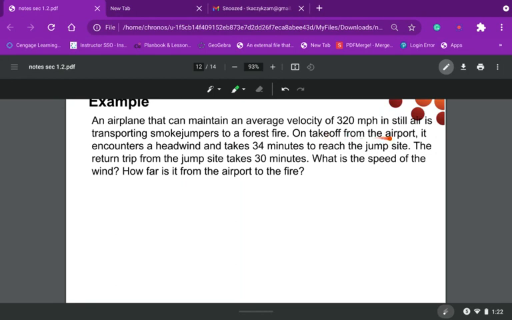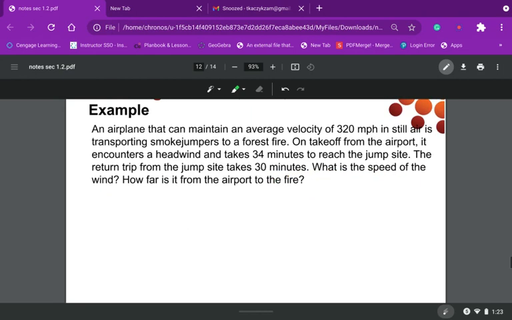On takeoff from the airport, it encounters a headwind and takes 34 minutes to reach the jump site. The return trip from the jump site takes 30 minutes. What is the speed of the wind? How far is it from the airport to the fire? So we have 2 questions. This one we're going to answer after we figure out the speed of the wind.